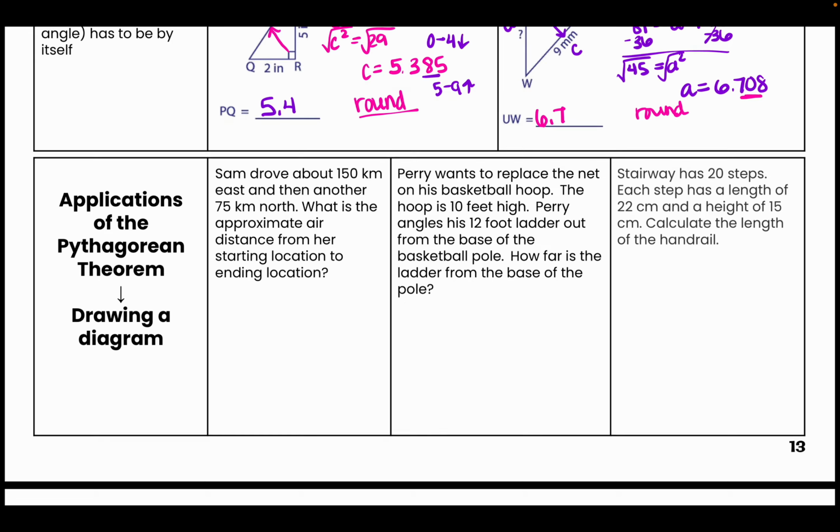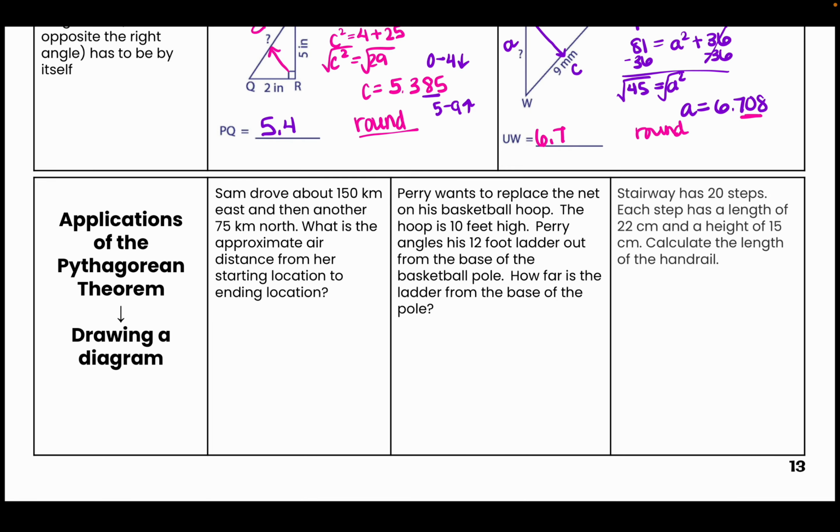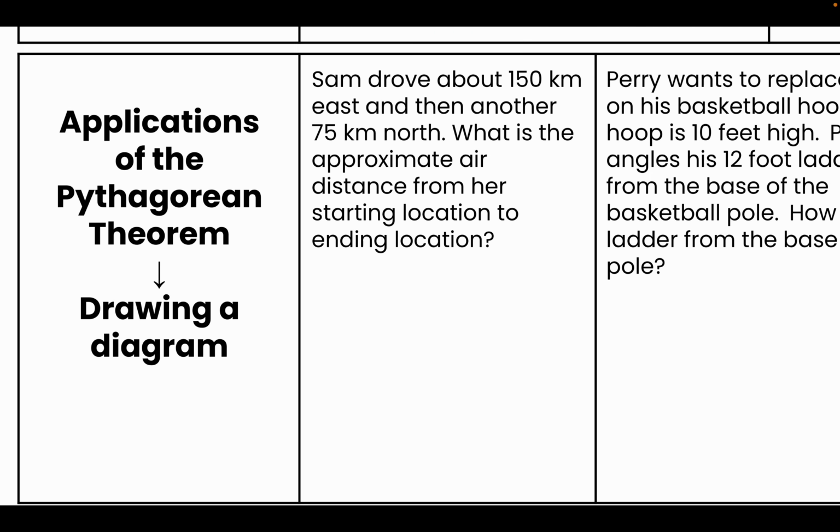Okay, applications of the Pythagorean theorem. We always need to be drawing a diagram. So Sam drove about 150 kilometers east and then another 75 kilometers north. What is the approximate air distance from her starting location to ending location? So remember our directions.